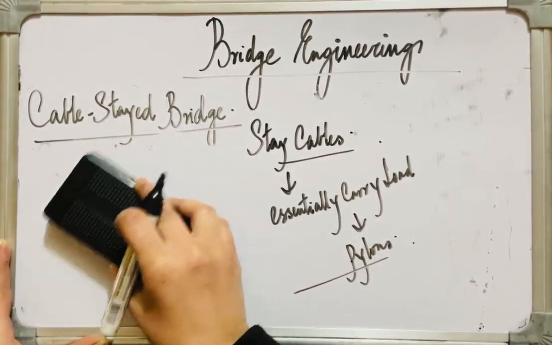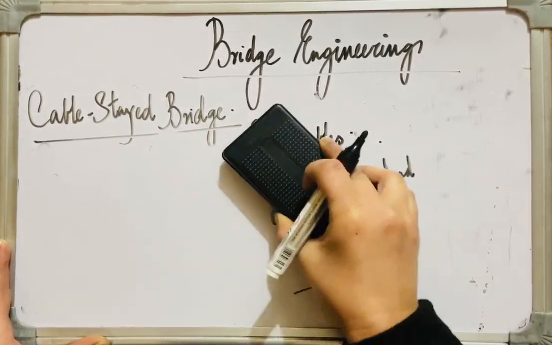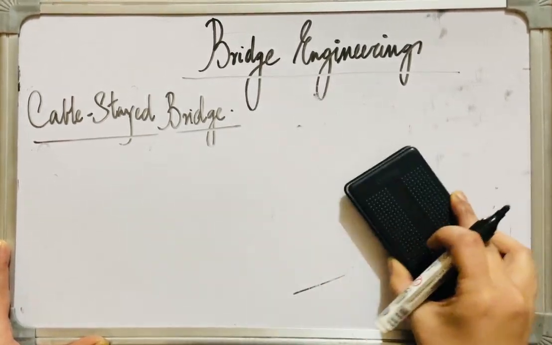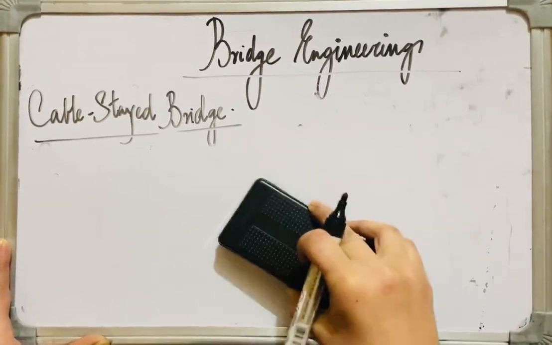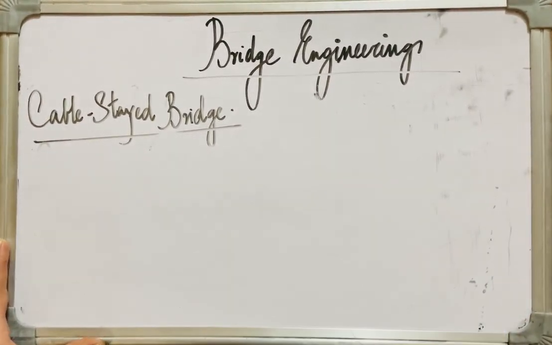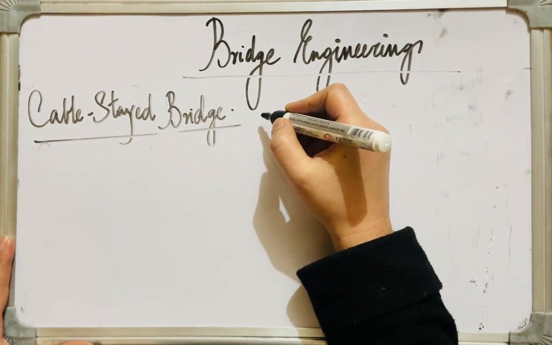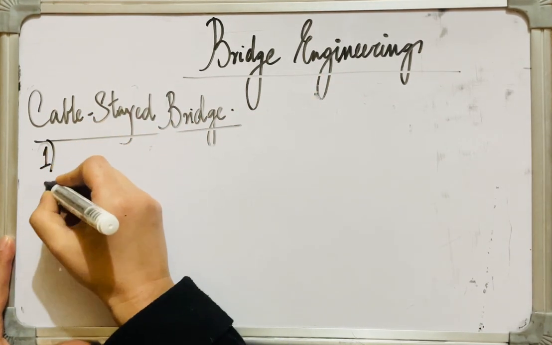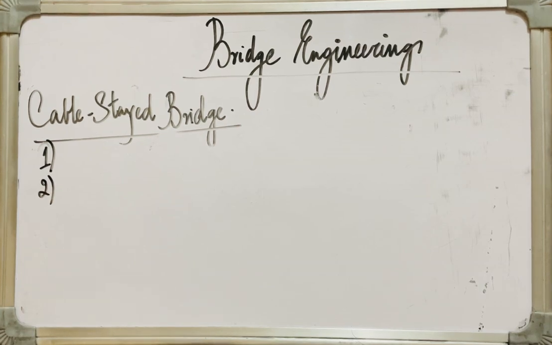The bridge deck remains suspended by means of these nearly straight inclined cables. Hence, they are one of the most important and critical components of a cable stayed bridge. We should select these cables with utmost care, and we should make sure that most of the requirements, as I'll list down, are met when we are going to select these stay cables.